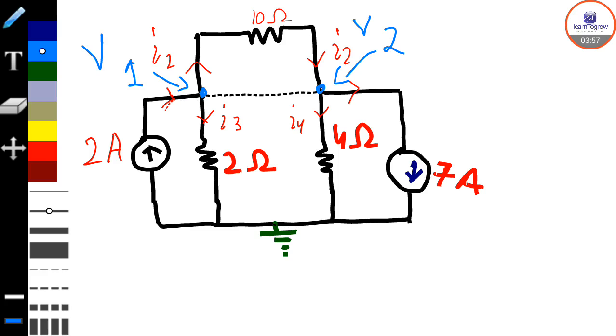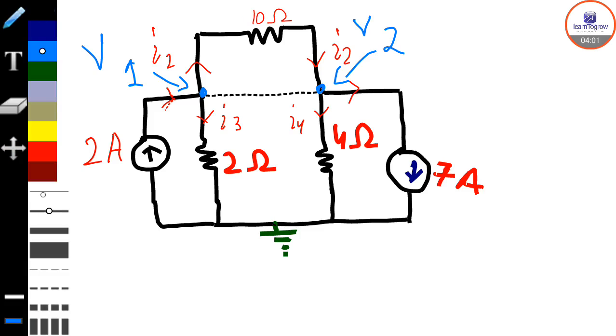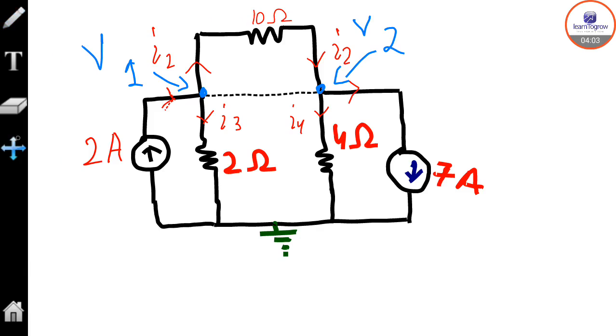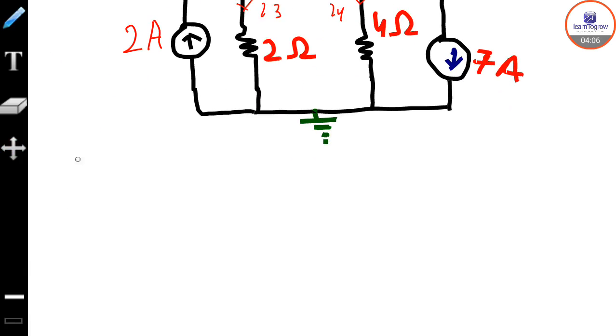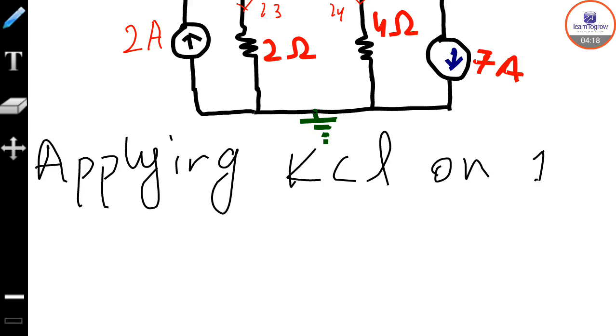So applying Kirchhoff's current law on the supernode, or this short circuit between 1 and 2.